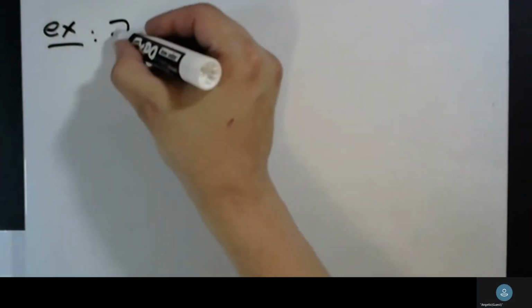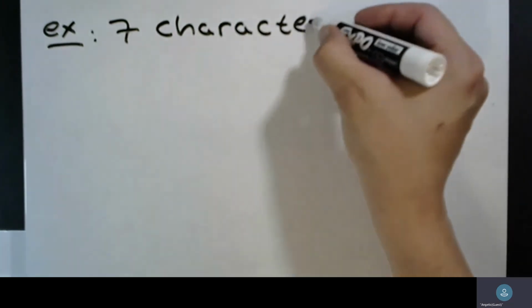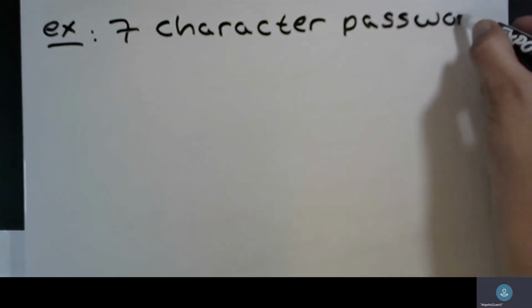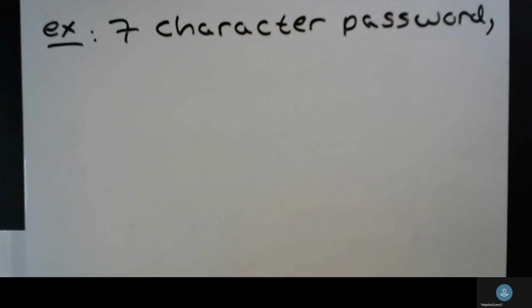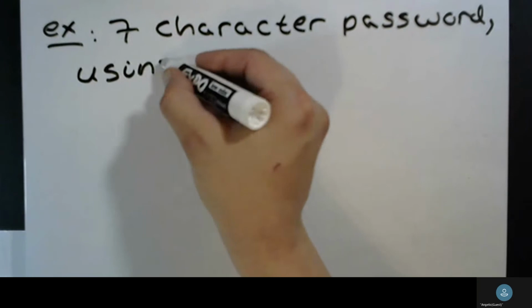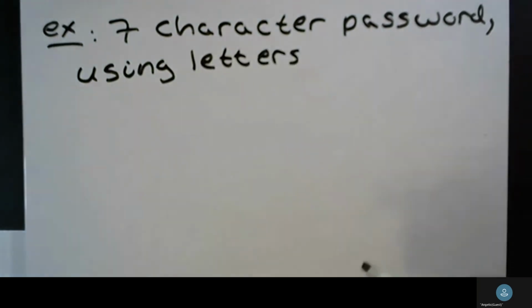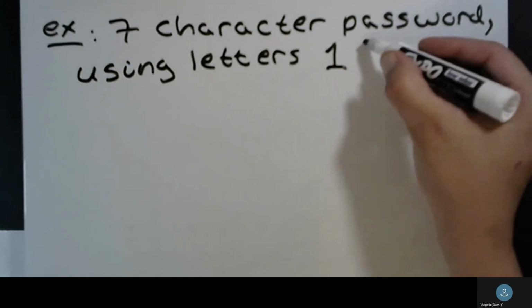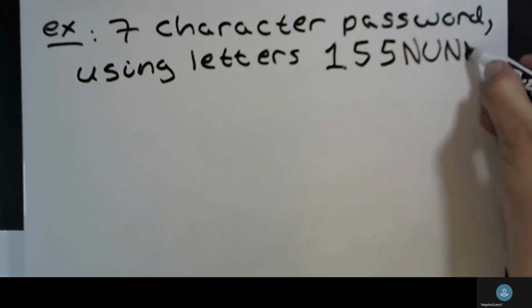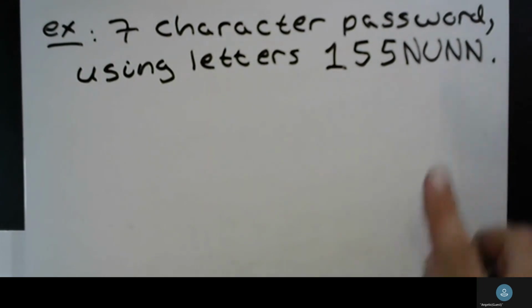So let's say we have a 7 character password using the following letters. 1, 5, 5, N, U, N, N. Now this is supposed to be someone's address.